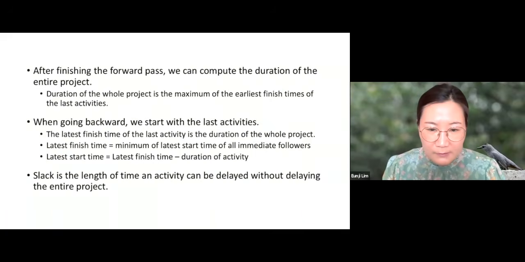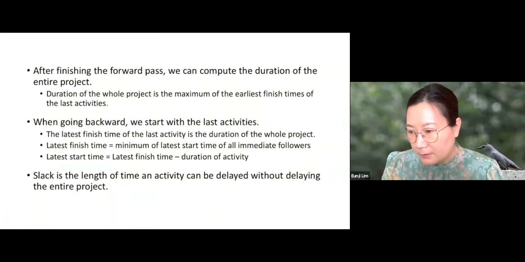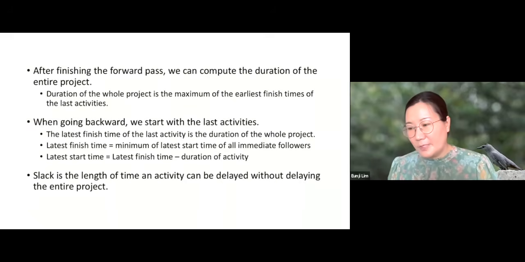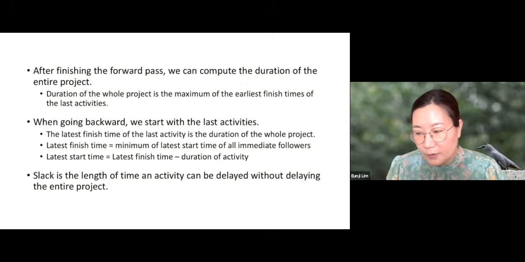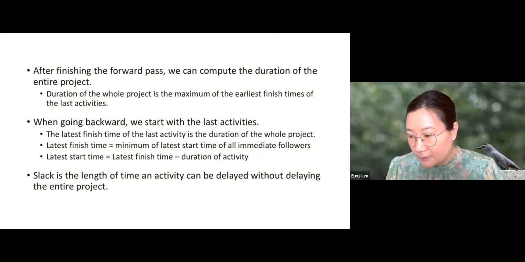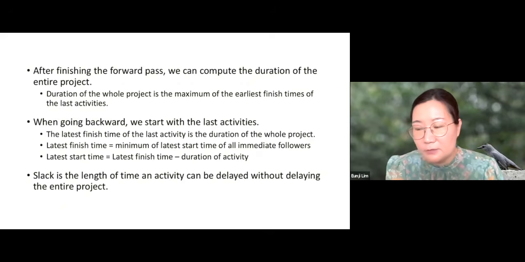So let's summarize what we discussed so far. After finishing the forward pass, we can compute the duration of the entire project. The duration of the whole project is the maximum of the earliest finish times of the last activities. And when going backward, we start with the last activities, and the latest finish time of the last activity is the duration of the whole project.